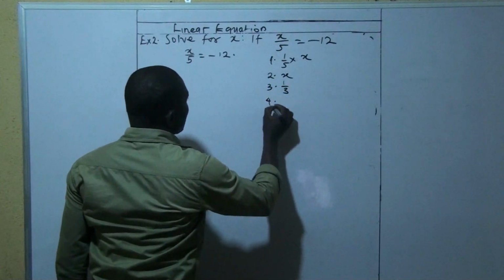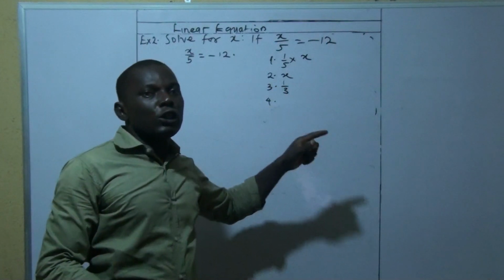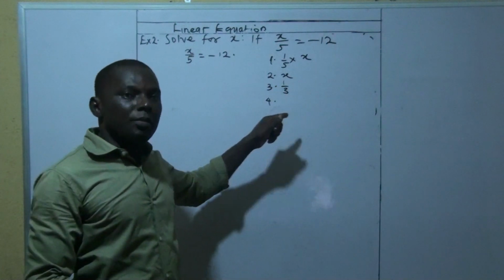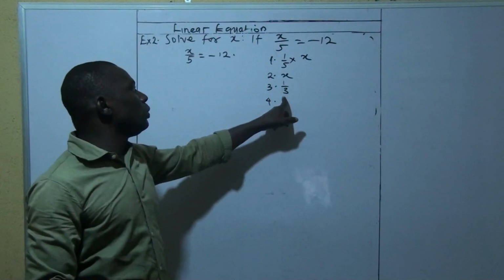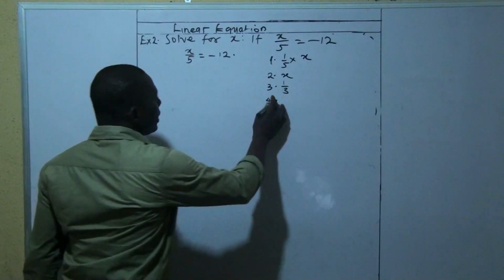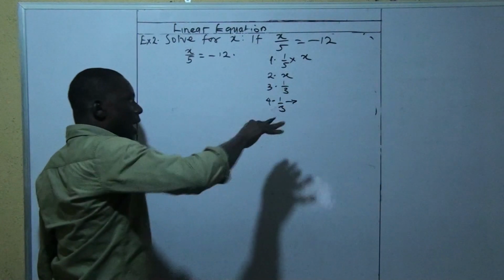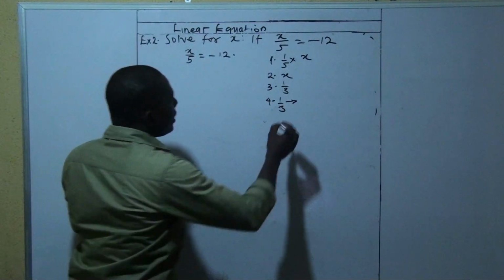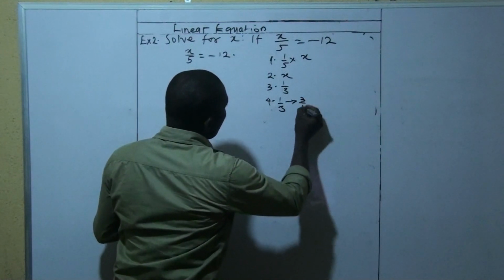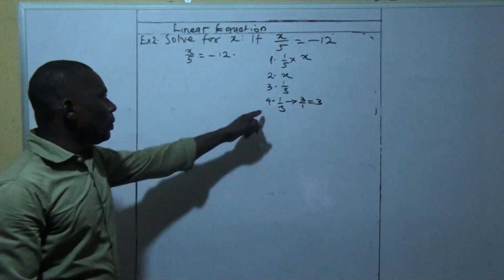Then our step 4 says that we should find the reciprocal of the coefficient of the unknown term. So this is the coefficient of the unknown term. Let's look for the reciprocal of 1 over 5. So what will be the reciprocal of 1 over 5? It will become 5 over 1, which also means what? 5. So we have done that.